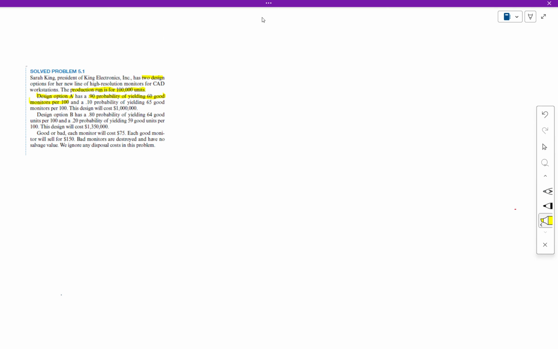And I need you to pay attention to something very critical. So now it says 0.9 has a probability of yielding 60 over 100 good monitors.